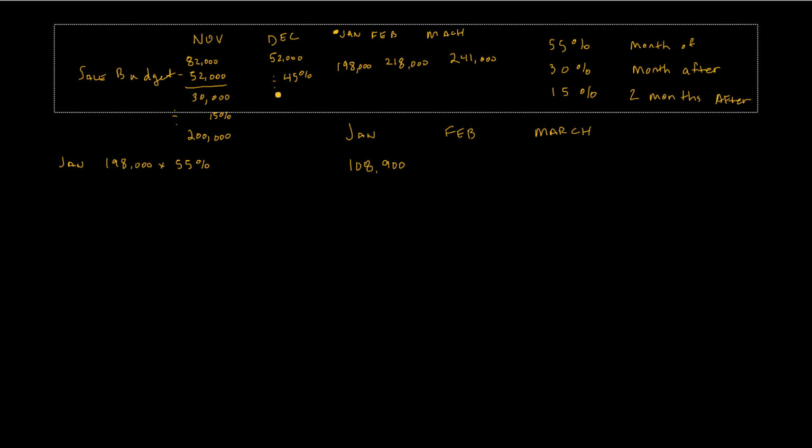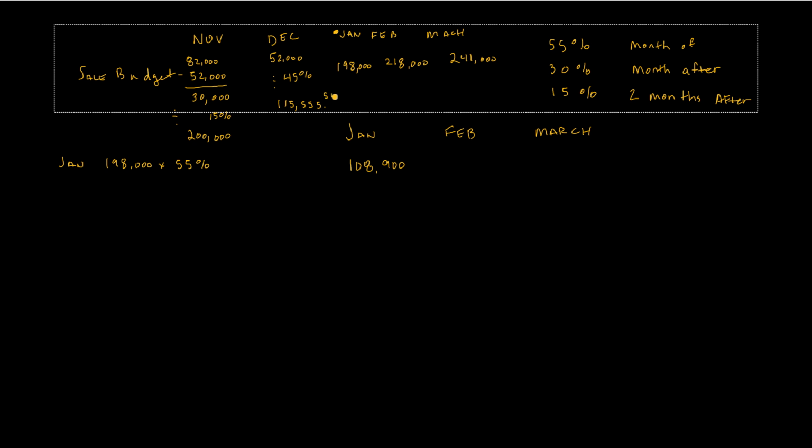So if we divide here, we could see that our sales for December are actually, I apologize, I can't read my handwriting. So 52,000 divided by 0.45 is $115,555 and we'll say 56 cents. We'll round up a penny.